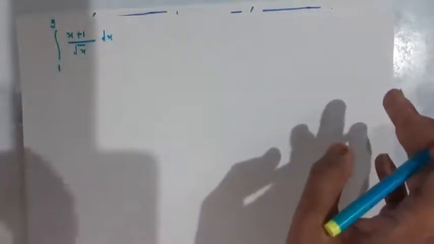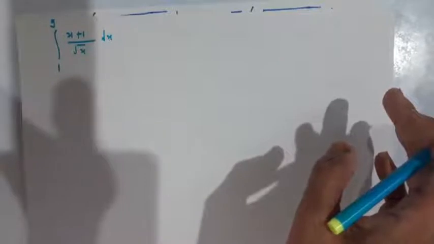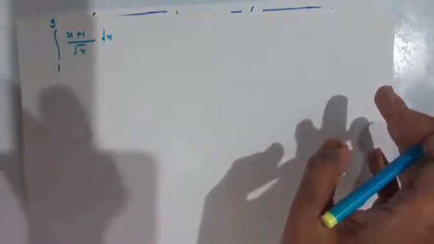Now let us solve an example from exercise 4.2. Evaluate the integration of x plus 1 upon root x with respect to x, with limits of integration from 1 to 9. Students, in the definite integration chapter there are only two exercises. The first exercise, for the limit of a sum, is omitted this year and is not in your syllabus.